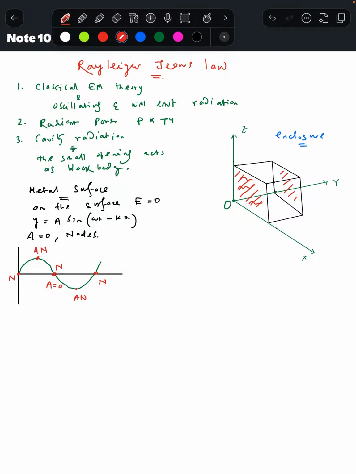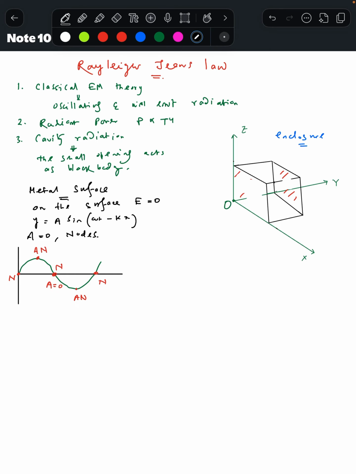Similarly, the electric field being generated here is a function of position x and time t, so wherever E is 0, a node will be created. So on these surfaces, nodes will be created.